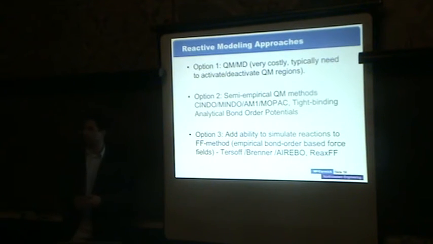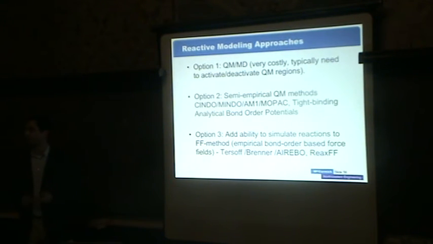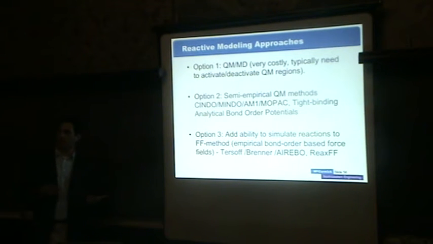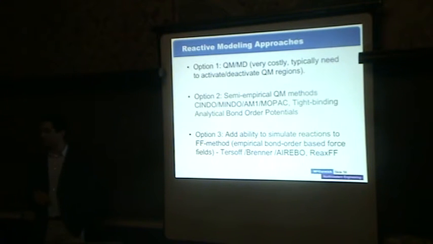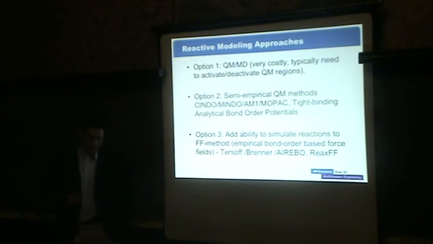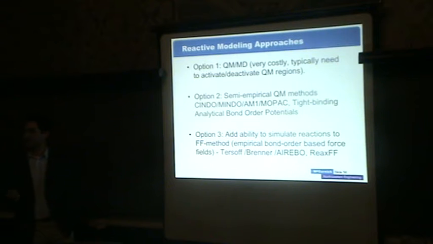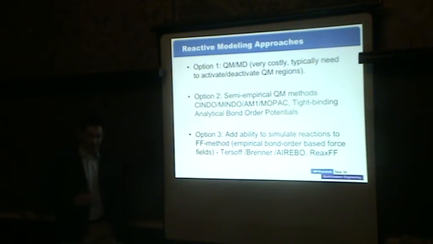There are many different approaches to how you do this for, let's say, protein materials. One approach is QM/MD, QM/MM kind of approaches, where part of the system is treated quantum mechanically, other parts are treated with molecular dynamics, and then you have to activate and deactivate these regions. This is one of the most commonly used approaches, but then you need to know when you need to activate the quantum mechanical treatment versus the non-quantum treatment, and this is very challenging for certain reactions.